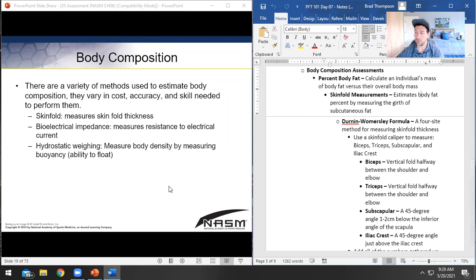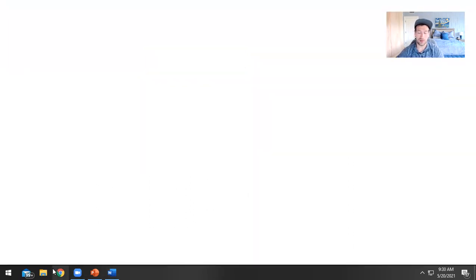So there are a couple different ways you can gather this information. There are skin fold measurements, which is the one that used to be most common. Nowadays, it's not used that often. But we gave you that little body fat caliper.